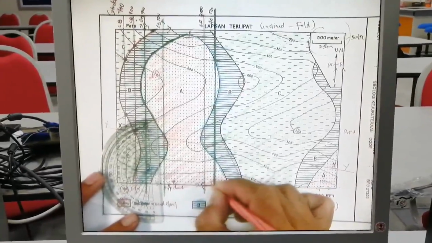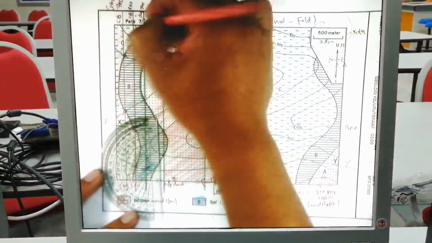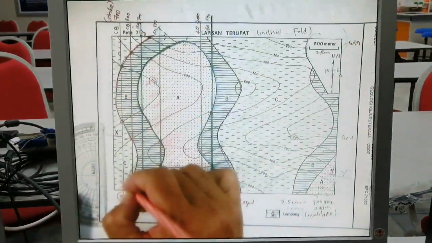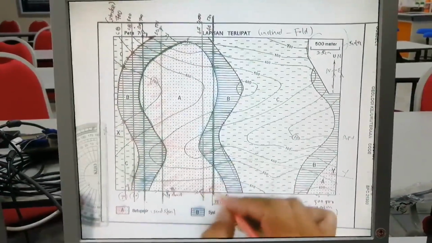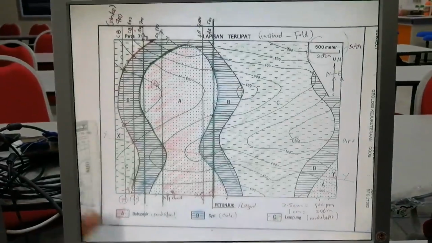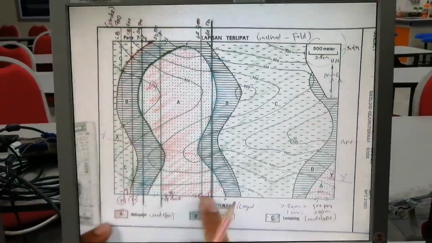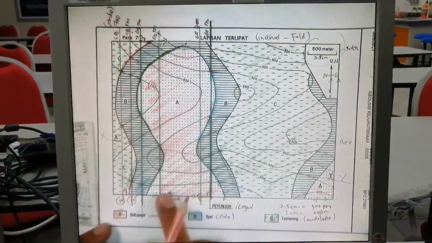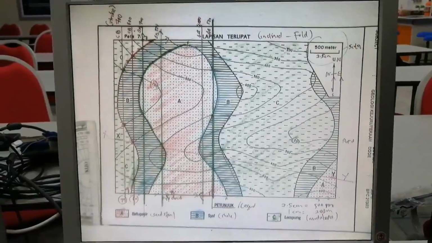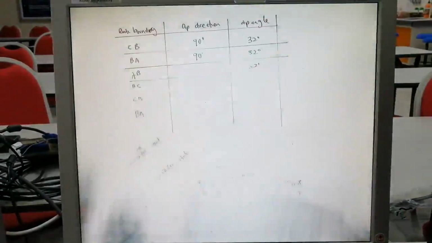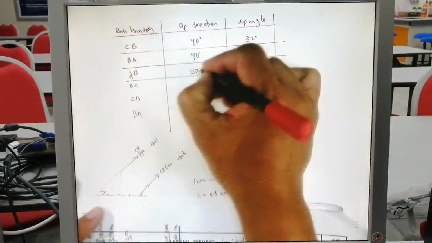This is 90 degrees here, similar here 90 degrees, here as well as 90 degrees here. So toward this direction, we know this line is east-west, so this one is to east, this one to west. West is 270 degree. West is 270 degree. 270 degree.